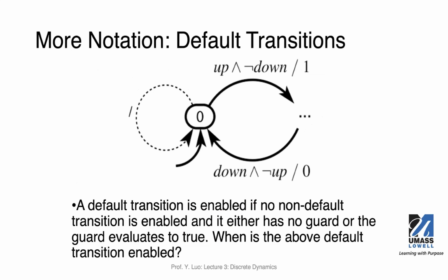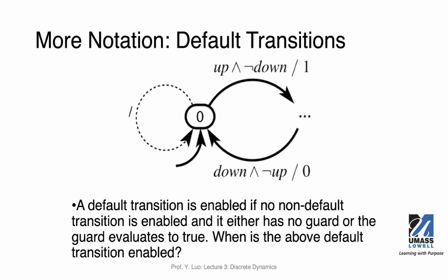Okay, default transitions. A default transition is enabled if no non-default transition is enabled, as in no guard or the guard evaluated to be false. So when is the above default transition enabled? If neither of the guards are satisfied.